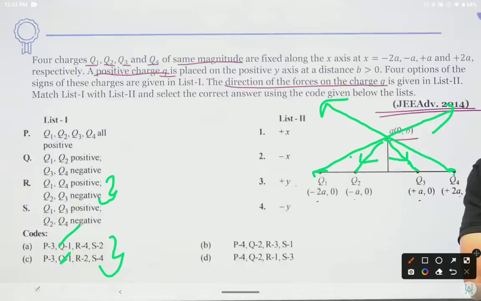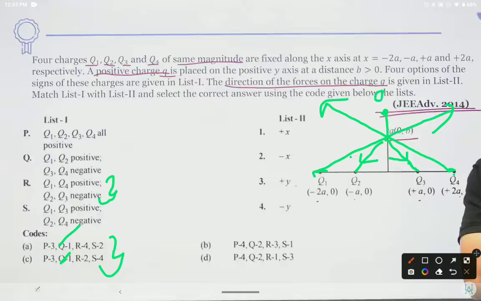So see, Q2, Q3, these will attract because Q2, Q3 are negative and Q is positive. First of all, Q1, Q4 are positive. Due to these repulsive forces, let's say Q is displaced up to here.